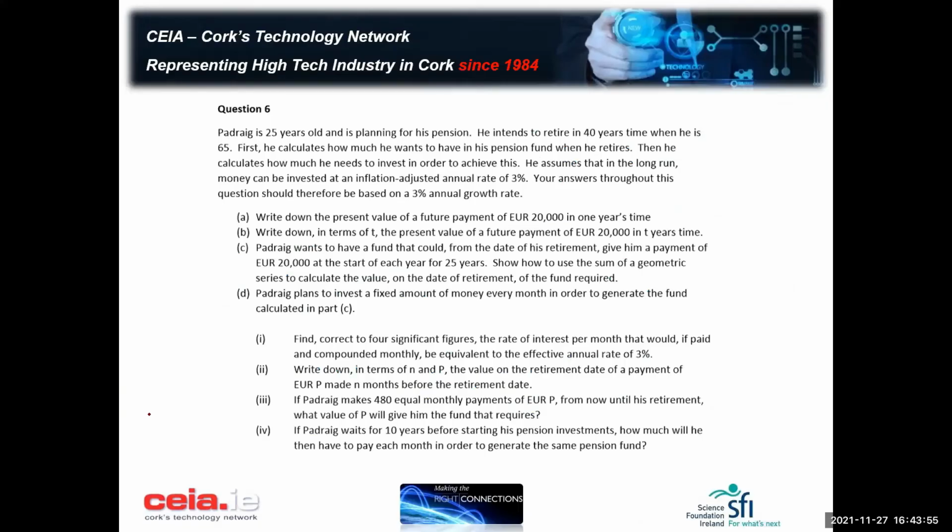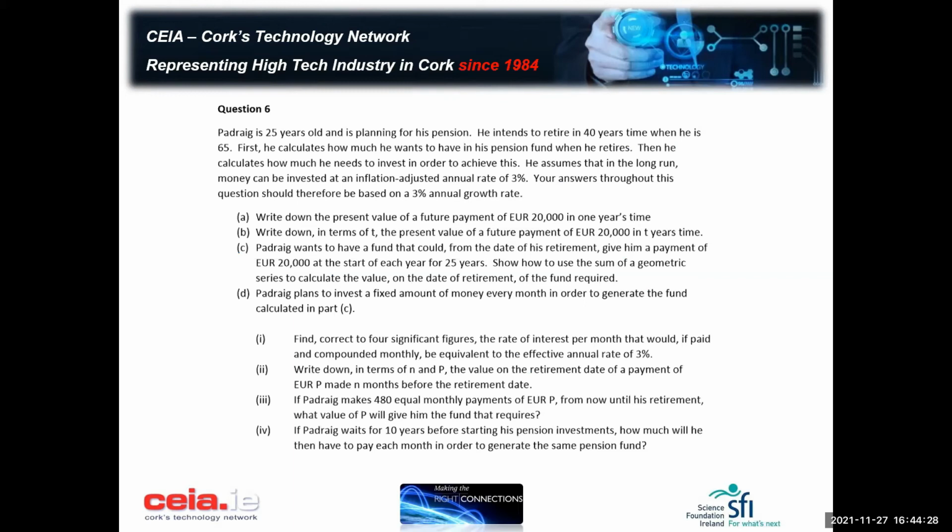Now, part 4: if Padraig waits for 10 years before starting his pension investments, how much will he have to pay each month in order to generate the same pension fund? It stands to reason that if he neglects to contribute to a pension investment for 10 years, in order to get the same amount of money at the end, he'll need to increase his monthly payments, because they will have less time to accumulate and grow.